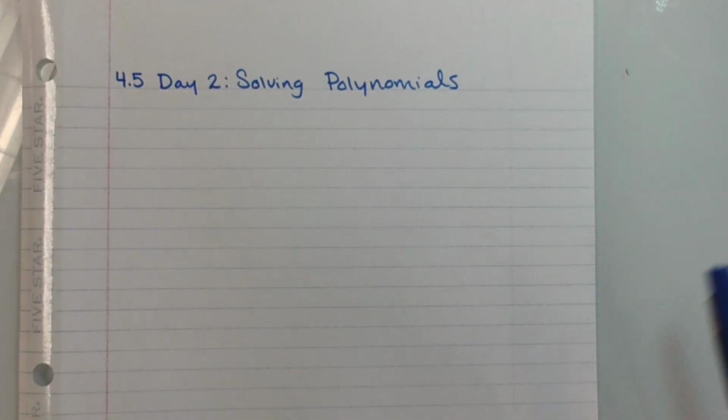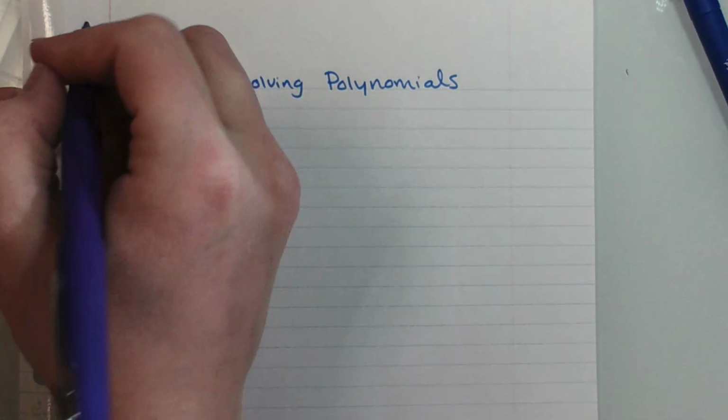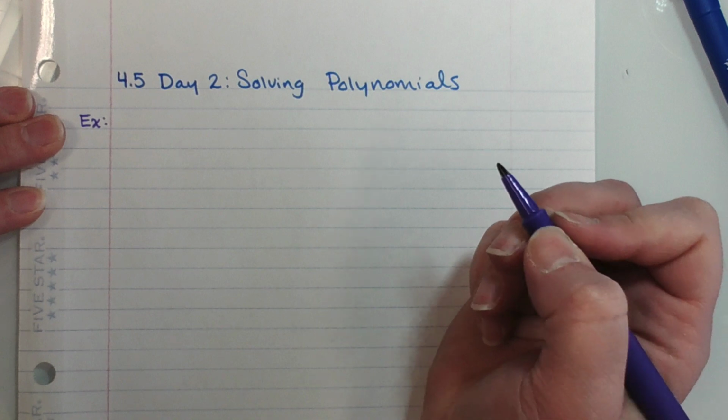So yesterday we went through and we were solving polynomials by factoring. And factoring is a fantastic way to solve polynomials. It really is. It's honestly one of the strongest ways to solve a polynomial, but there are some limitations that go with it.